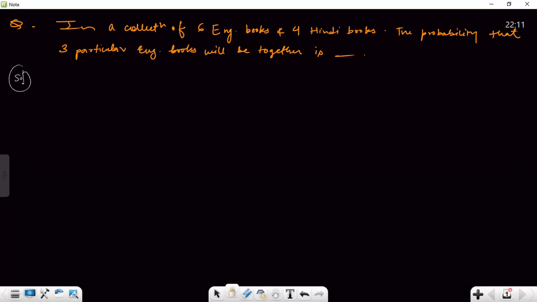So we have 6 English books and 4 Hindi books. In total, we have 10 books.